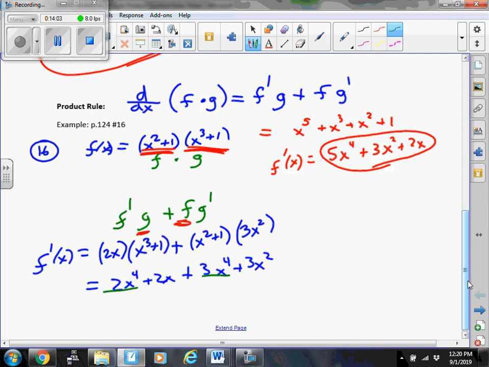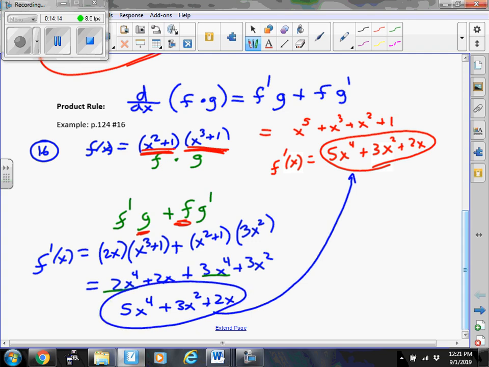Produces 5x to the fourth plus 3x squared plus 2x. Same thing. Why? Because both processes work. That's why I want you to do it in class or in your book. I want to actually have you do it in multiple ways.